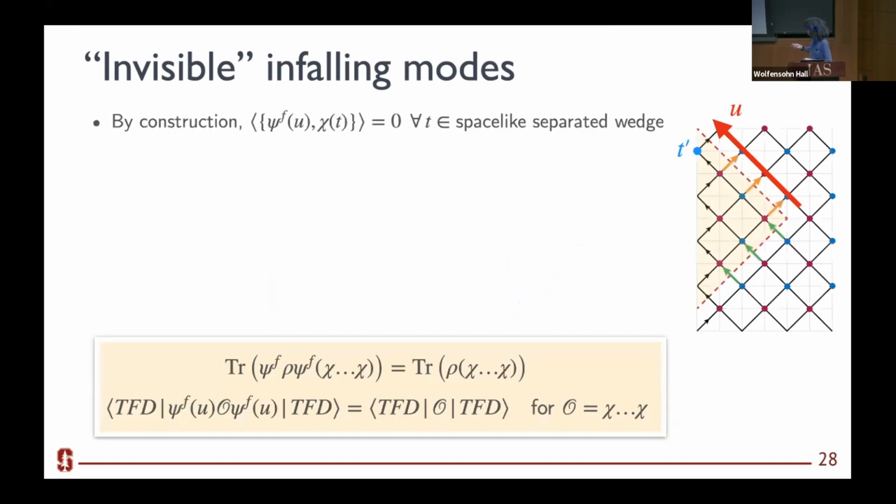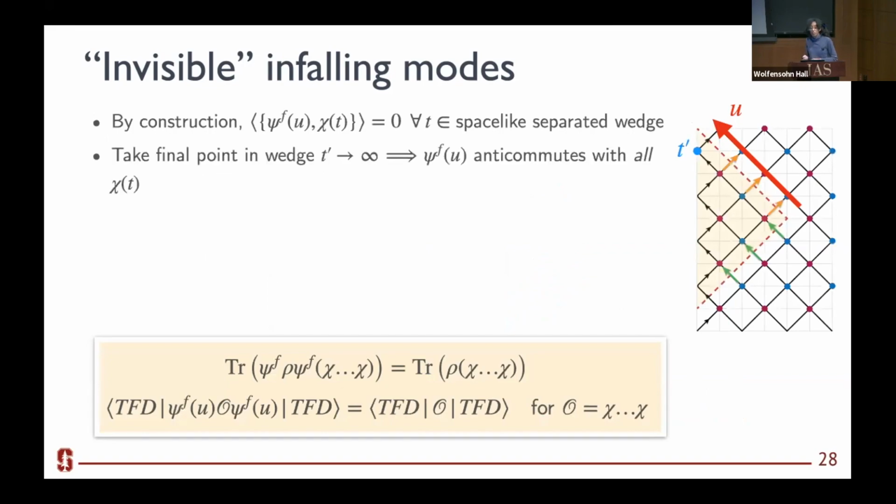And you can actually show that these bulk operators are invisible with respect to the boundary correlators. So what do I mean by that? If you consider the bulk operators, but instead of labeling them by their circuit coordinates, you label them by the 2 times that span their light cones, and you take one of these to infinity, by construction the kernel of the bulk operator is going to be such that it anti-commutes with everything in its wedge, and that means it anti-commutes with the whole boundary.